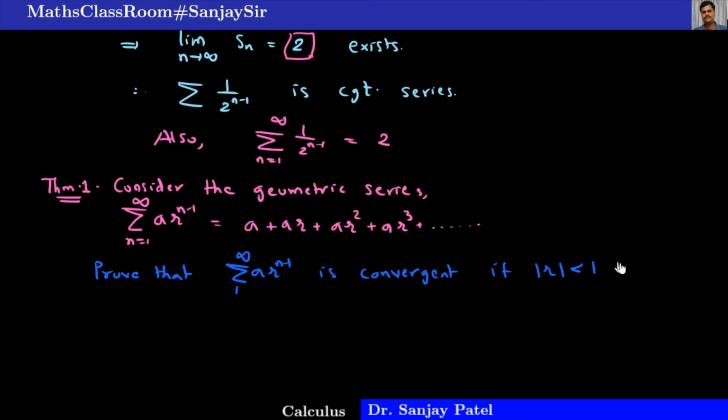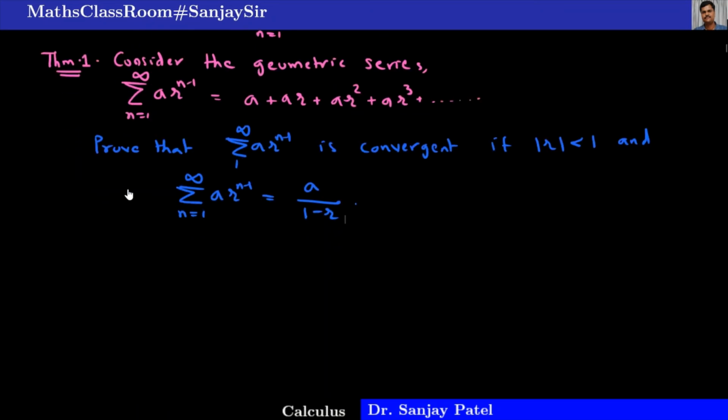And the sum of this series, sigma n equal to 1 to infinity a into r raised to n minus 1, is nothing but a upon 1 minus r. The proof goes along the same line as the first example we have considered. So let me just prove this.